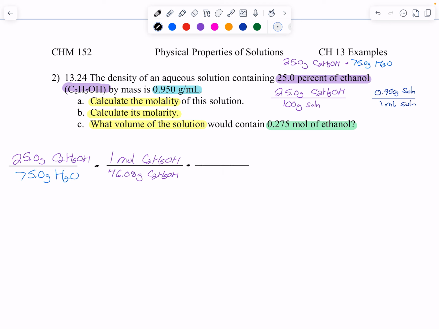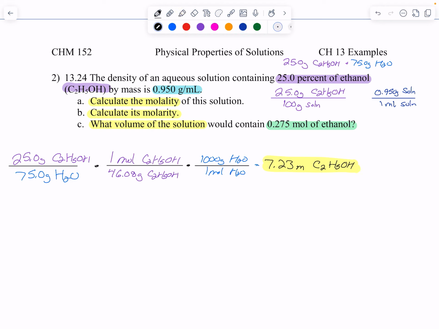And then we know 100 grams of water is 1 mole of water. So if we do this, I would have my 25 times 1,000, divided by 75, divided by 46.08, 7.23 is what I'm getting. And so that would be my answer to A.